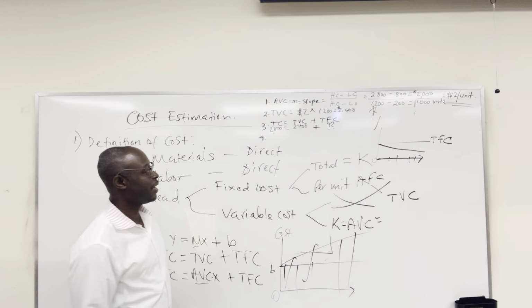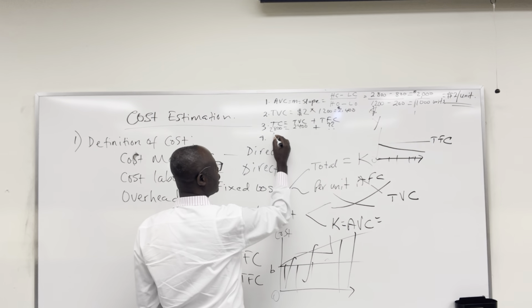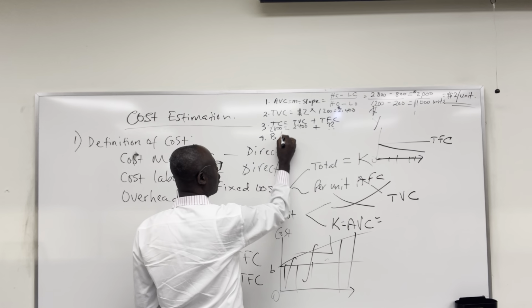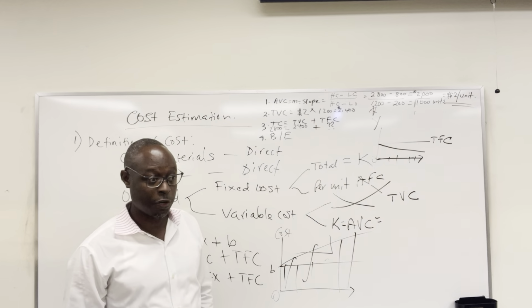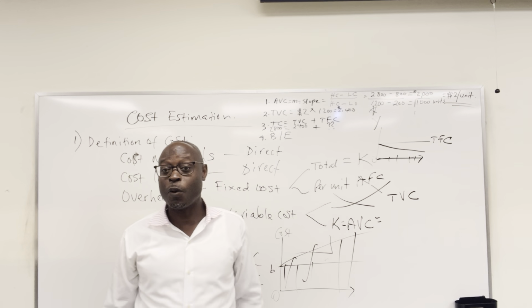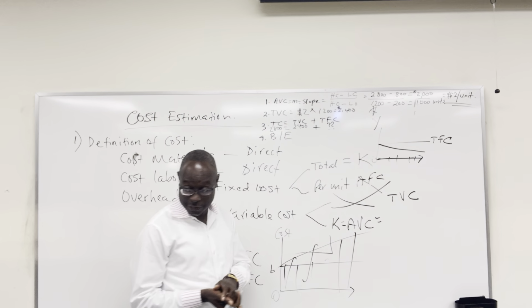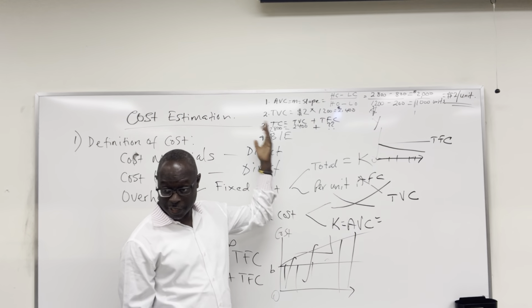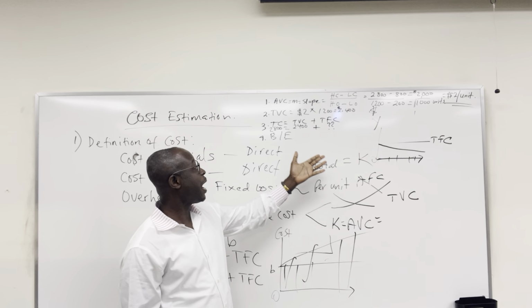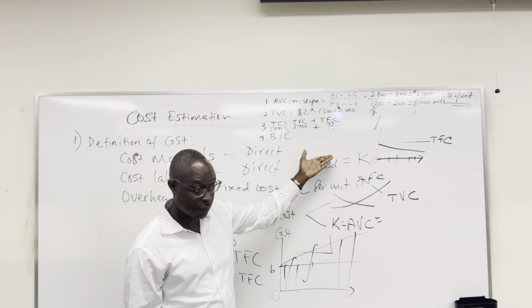And then once we ask you to calculate this, we are now going to ask you to do what we call break-even analysis with this kind of information. So if I really want to trick you as a professor, I'm going to give you the information and ask you to calculate what your fixed cost is.